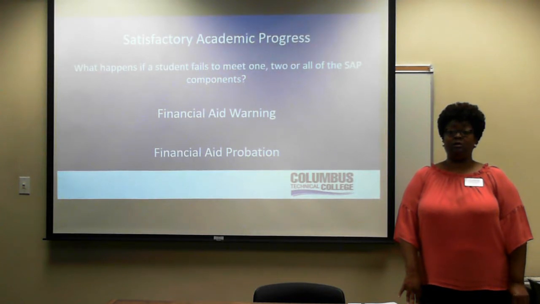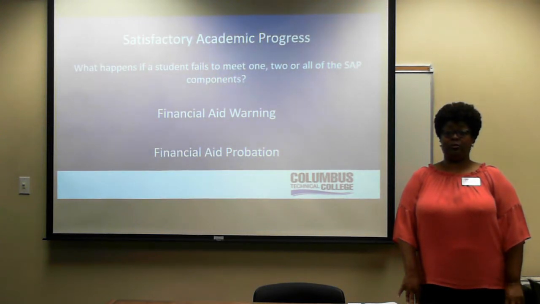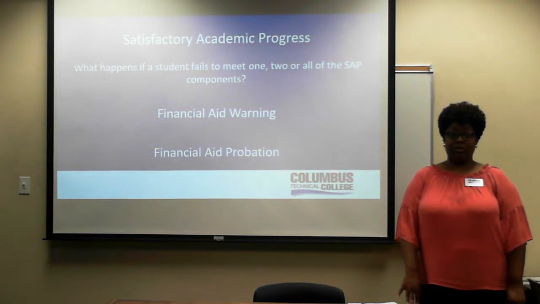However, if you still fail to meet satisfactory academic progress, your status will be assigned financial aid probation. And if you ever find yourself on financial aid probation, that means that you have lost your financial aid because you have failed to meet the three components that make up satisfactory academic progress.